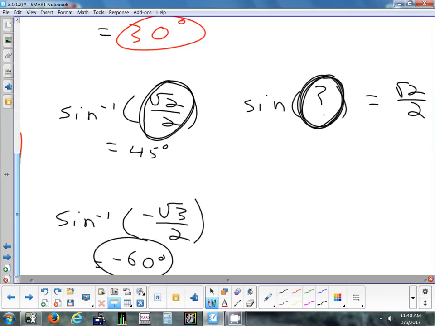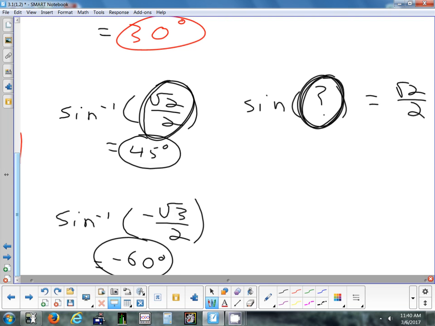The 45 or negative 60? Yeah? How come 45 makes a lot more sense than negative 60? 45 and 90, that is a triangle. Why can't you have a triangle with an angle of negative 60? Triangles don't have negative angles.